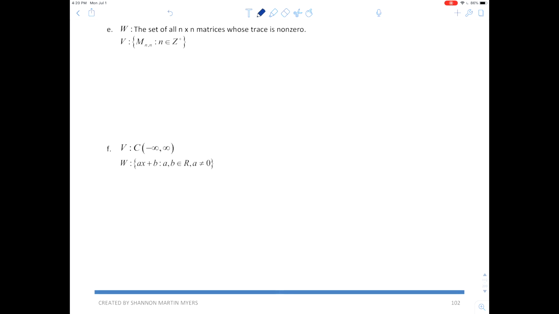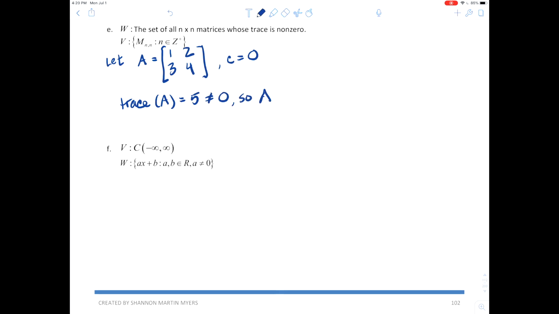So if we let A equal to 1, 2, 3, 4, and C equal to 0, the trace of A is equal to 5, which is not equal to 0. So A is an element of W.